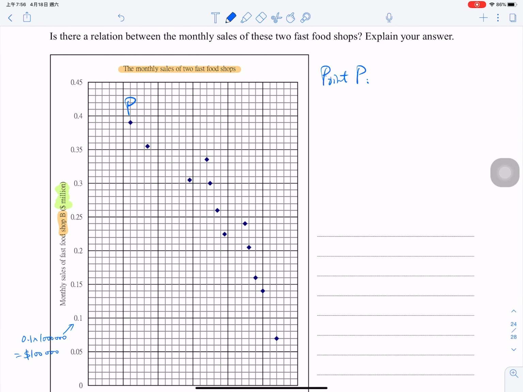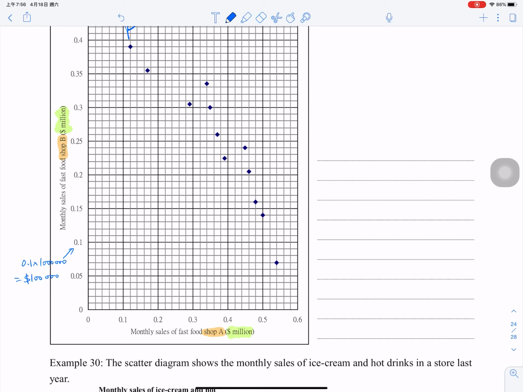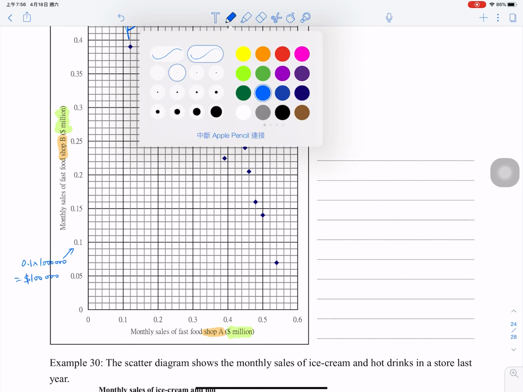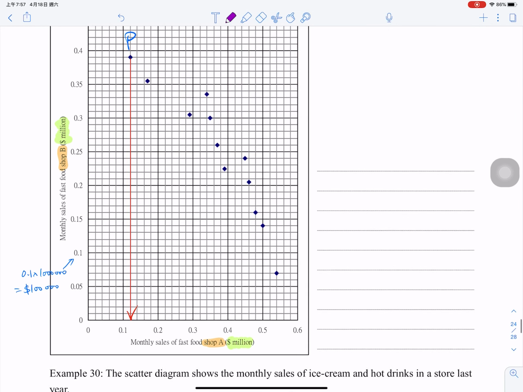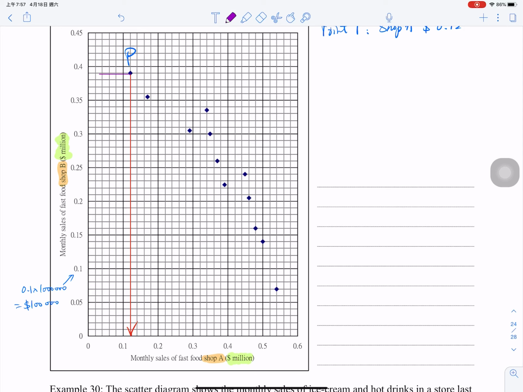So let's see. Here point P means, for shop A, 0.12. Have a look, shop A, let's start from here, at this point. For shop B, let me go from here to this one.